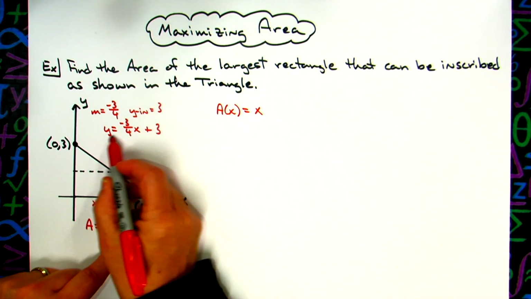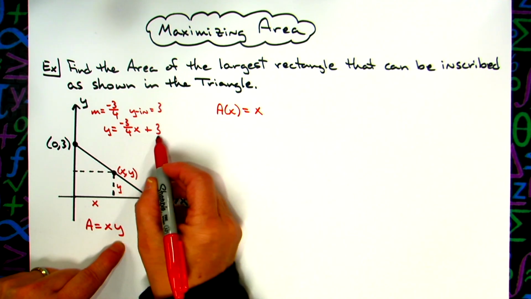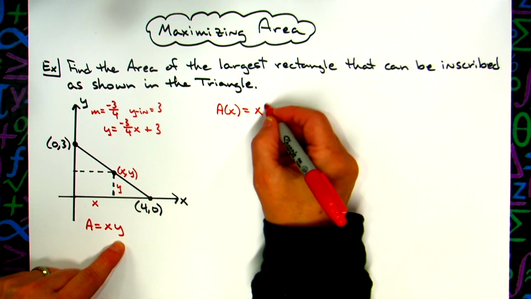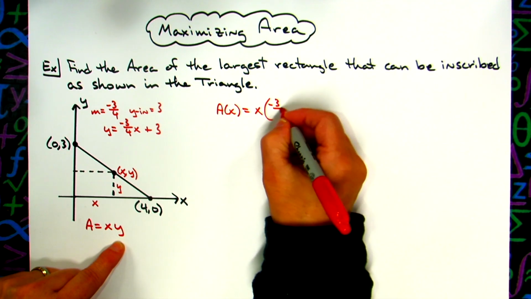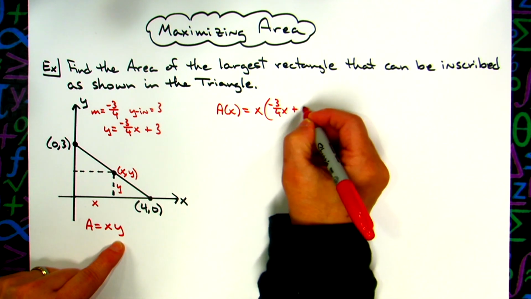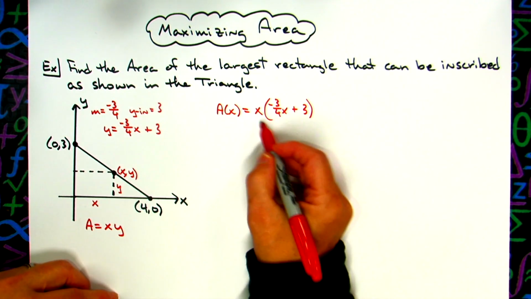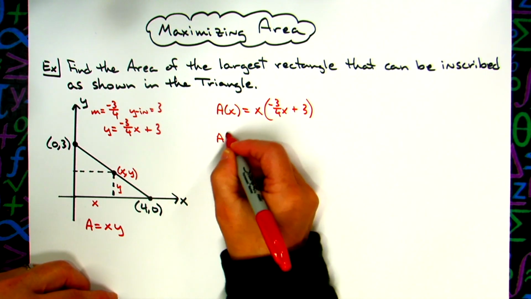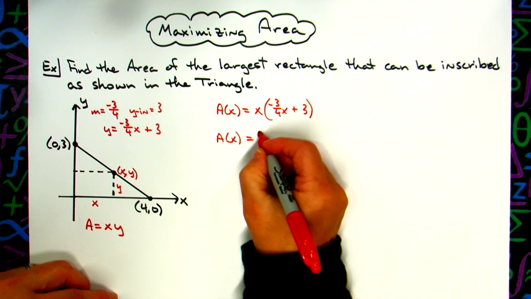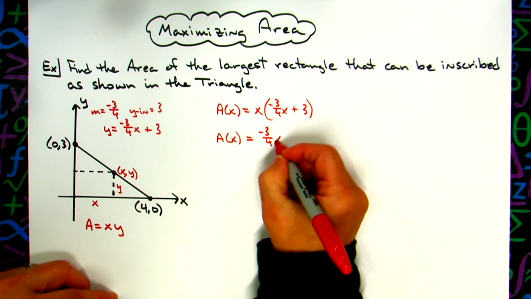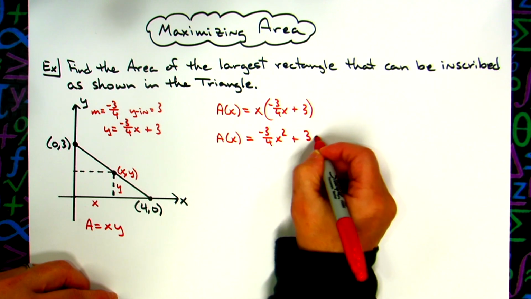Well, I know what y equals. y is -3/4 x plus 3. So I can do -3/4 x plus 3. Now I'm just going to manipulate this equation here. Let's go ahead and distribute that x. So then I'm going to have -3/4 x squared plus 3x.